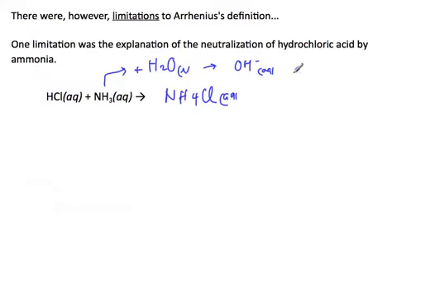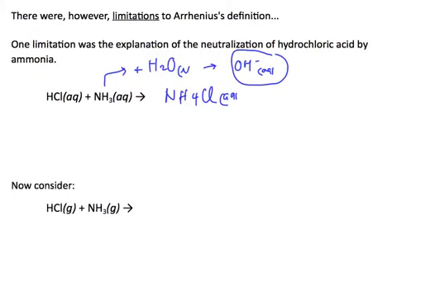And you also still get ammonium chloride produced. So it was argued that because something reacts with hydroxide ion, it kind of fit into the Arrhenius theory. But the next thing was to try to explain this one.